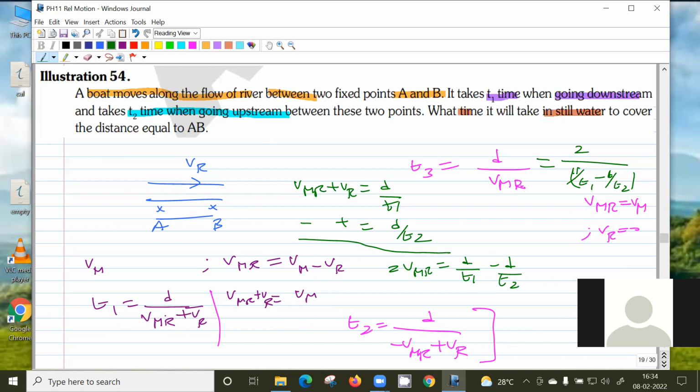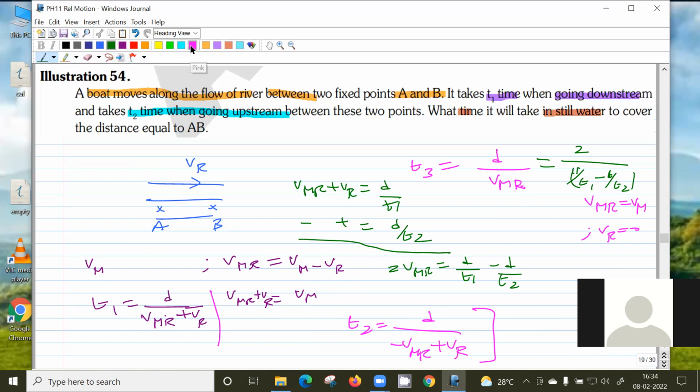In the second case, the time taken is 2 T1 T2 by T1 plus T2. This expression seems to be wrong. Okay, he has to travel from A to B, so the velocity of river should be more than the velocity of man with respect to river.